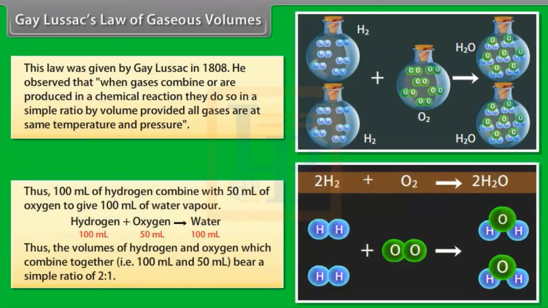Thus, 100 ml of hydrogen combine with 50 ml of oxygen to give 100 ml of water vapor. Hydrogen plus oxygen gives water. 100 ml plus 50 ml gives 100 ml. Thus the volumes of hydrogen and oxygen which combine together, that is 100 ml and 50 ml, bear a simple ratio of 2:1.